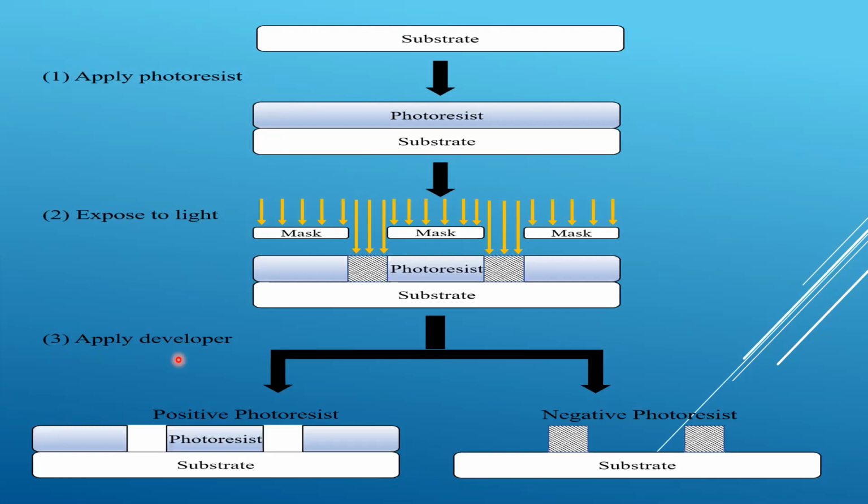After taking the silicon substrate, we have to coat the photoresist on it. Now, what is photoresist? Already I have explained in the previous slides. I'm not going to explain it again. Do remember, students, this photoresist is usually a polymer in the liquid state. We have to place the photoresist on the substrate.